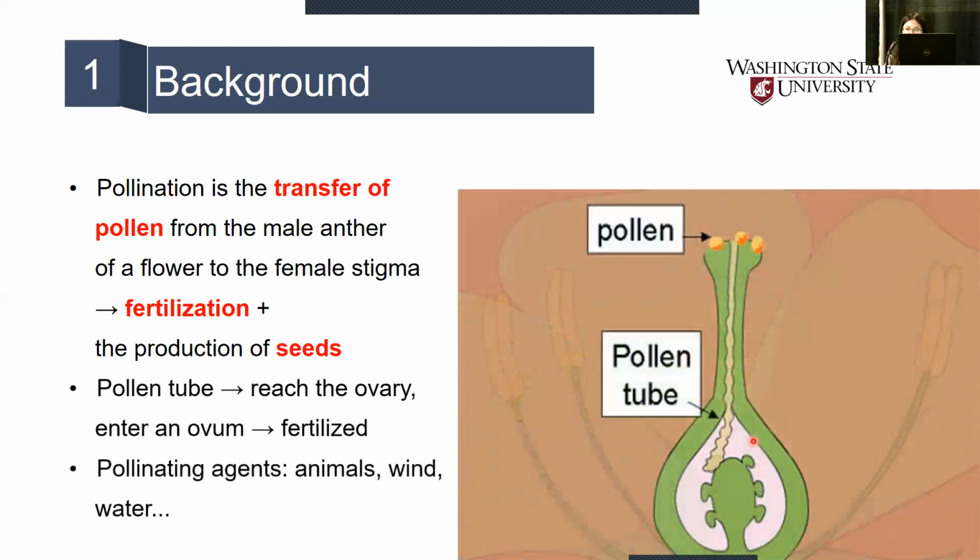And this procedure is usually assisted by pollinating agents like animals, for example, honeybees, butterflies, birds, and also wind, water, or even plants themselves when self-pollination occurs within a closed flower.